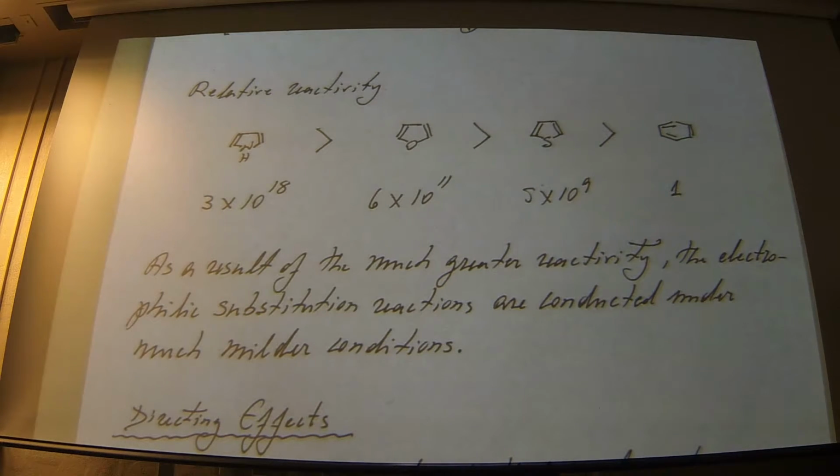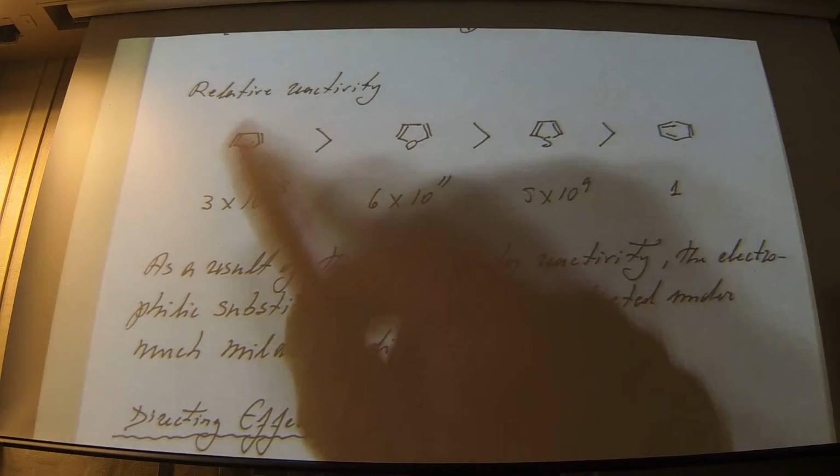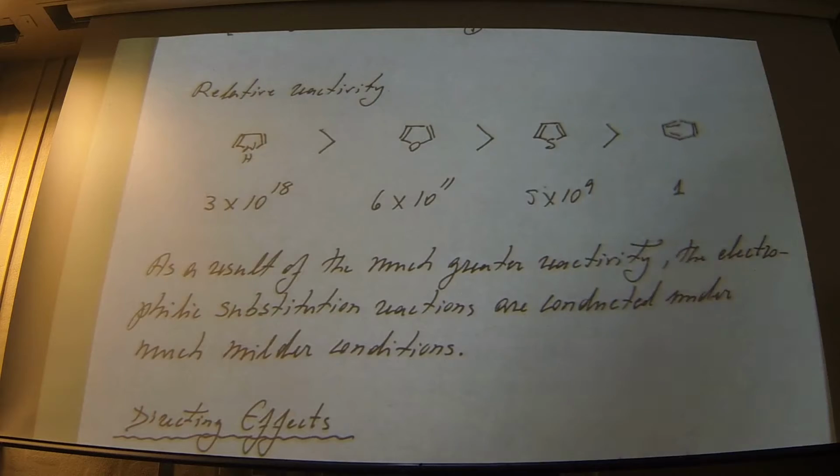In other words, the intermediate cation that you get ends up intercepting the pyrrole. The directing effects are understandable, once again, using the same trick that we did before: write the resonance structures for the charged intermediates.